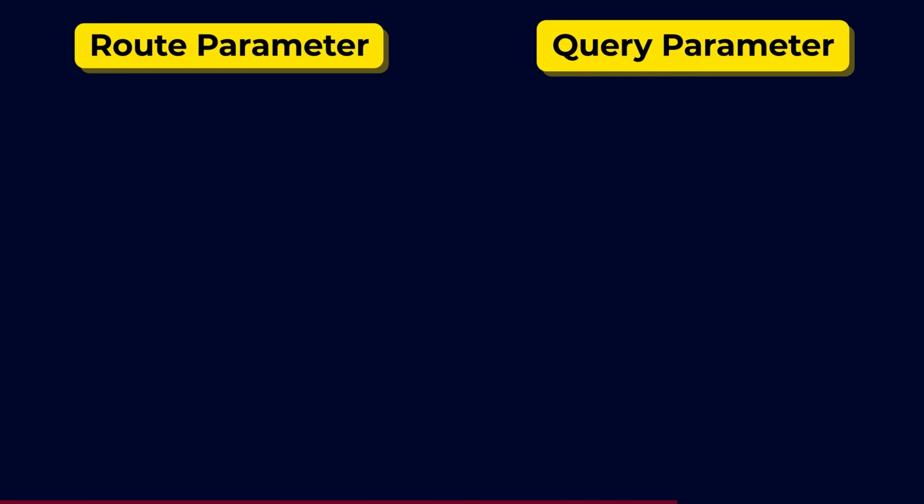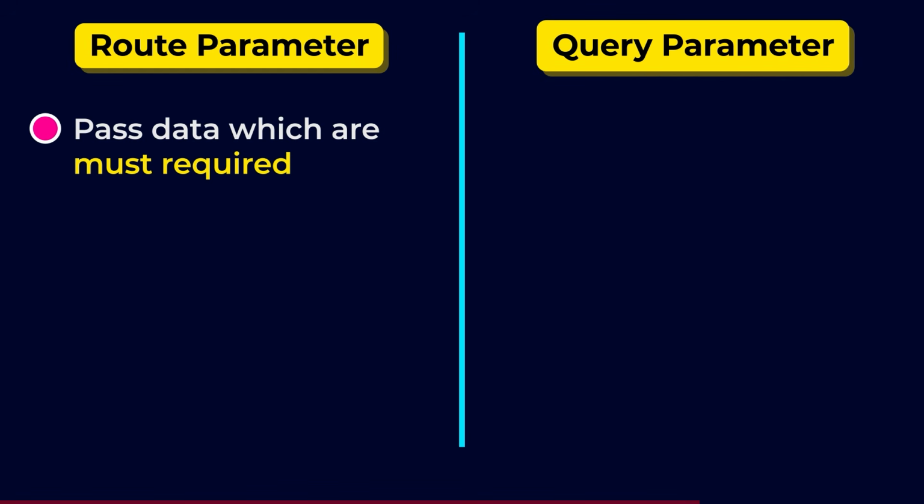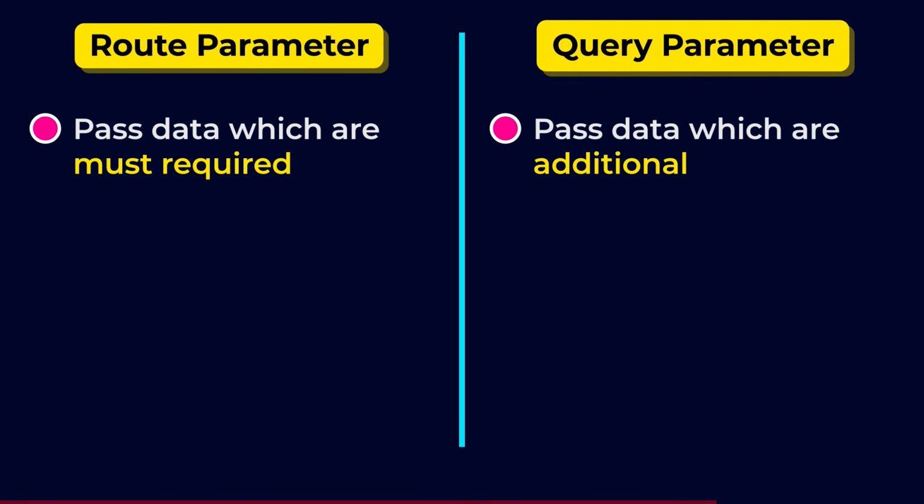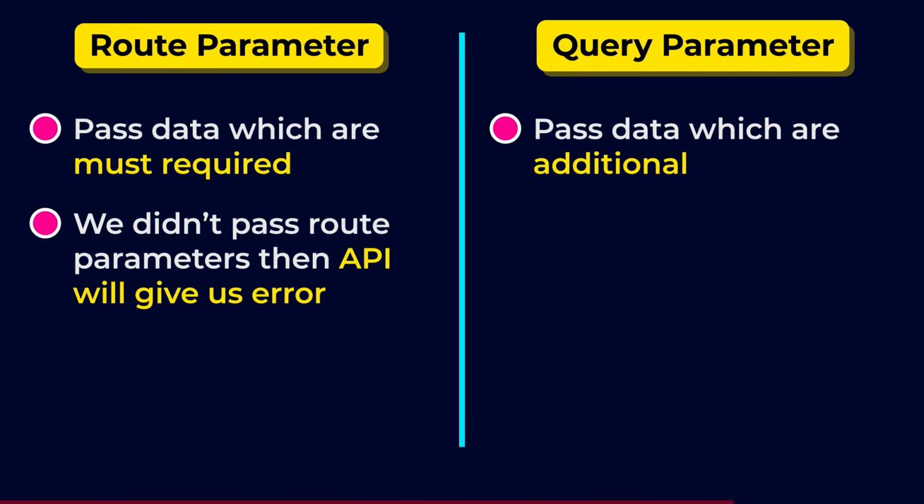Now you might ask, what is the difference between route parameters and query parameters? Both are used to pass data in a URL, but route parameters are used to pass data which is must required, whereas query parameters are used to pass data which is additional or optional. In simple words, in our API, if the frontend doesn't pass route parameters, then our API will give us an error.